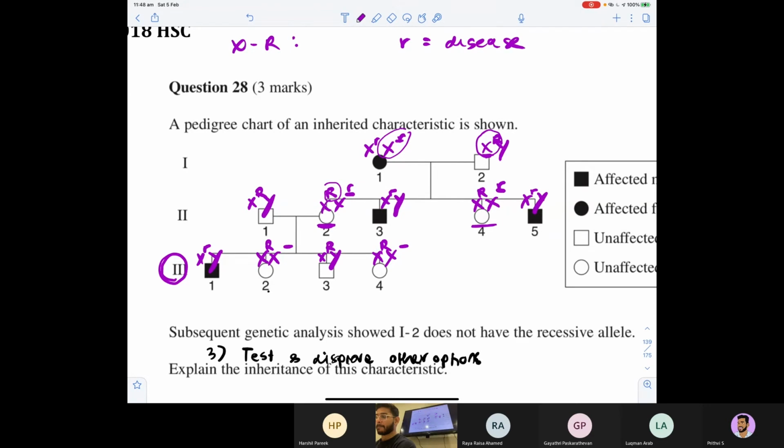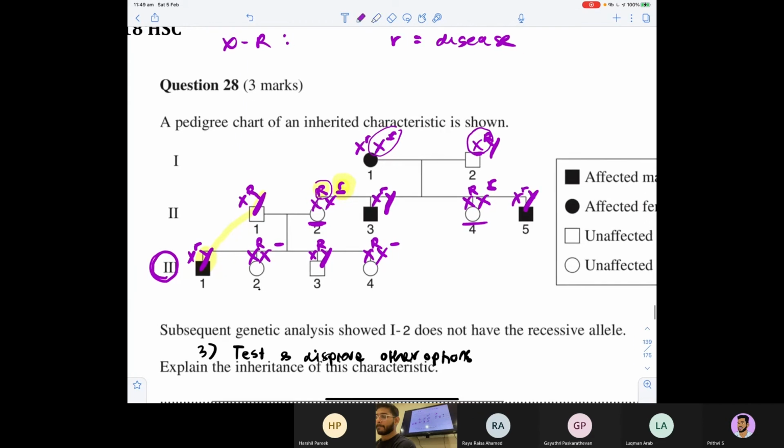It should have a dominant R instead of the recessive, because the mother has the... But I want you all to pay attention to this: the mum has a capital R and a little r. So when the Y is passed on to the son, the X comes from mum, right? The mum could have passed on her little r, this one right here. That works out.